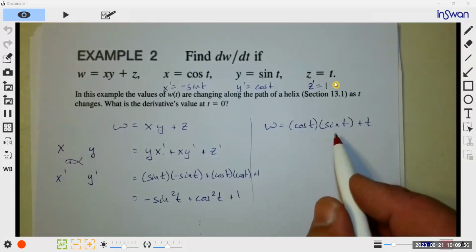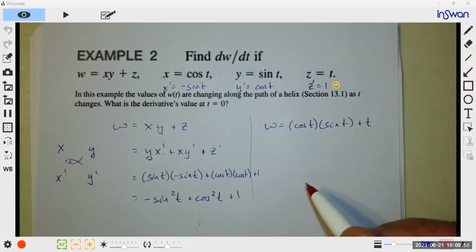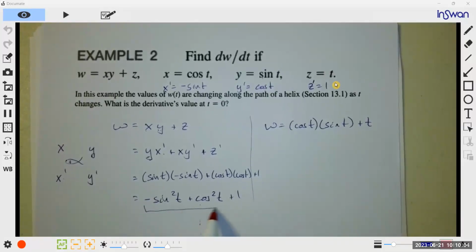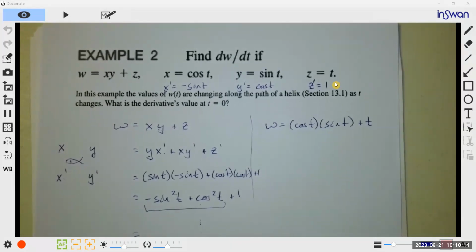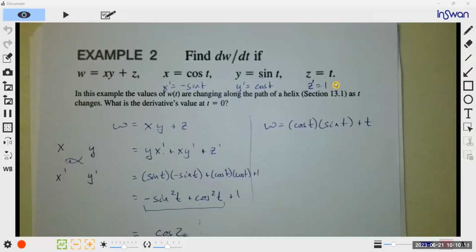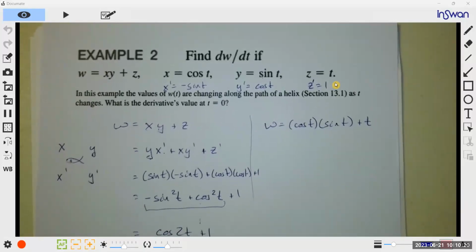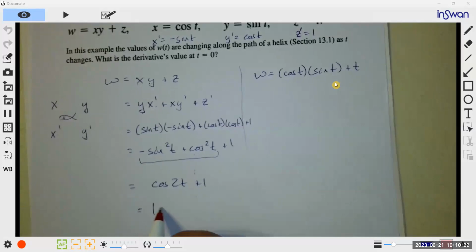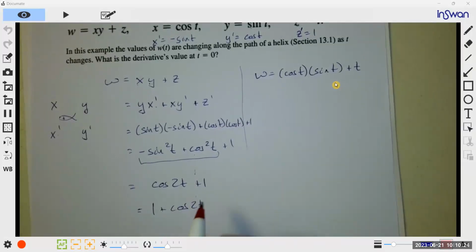Again, we could have done exactly the same thing here. If we didn't have computers, I would have just taken this as a firm answer, but this is the same thing as cosine 2t plus 1, either one.